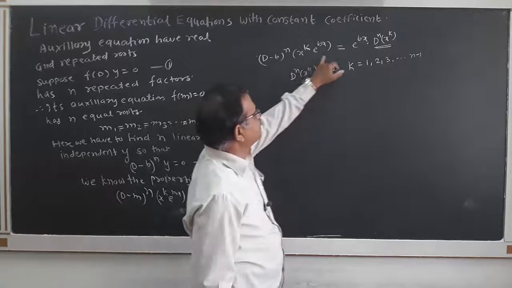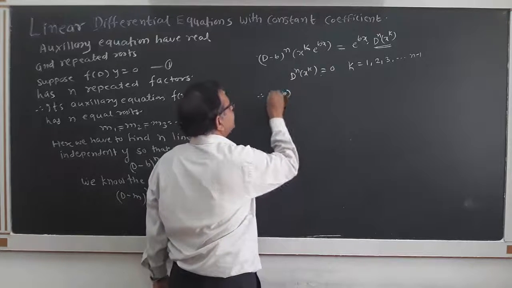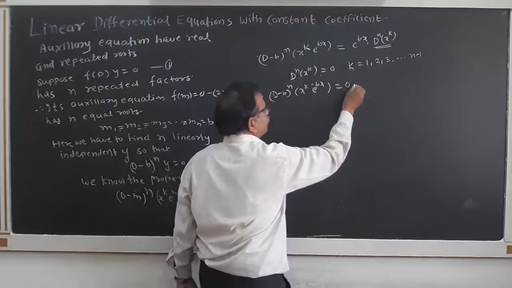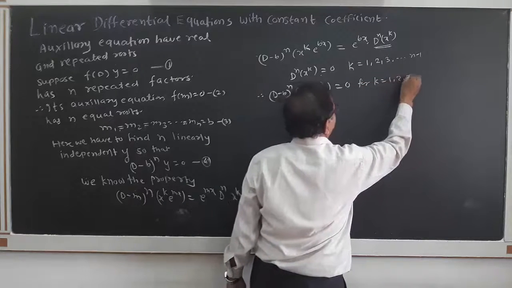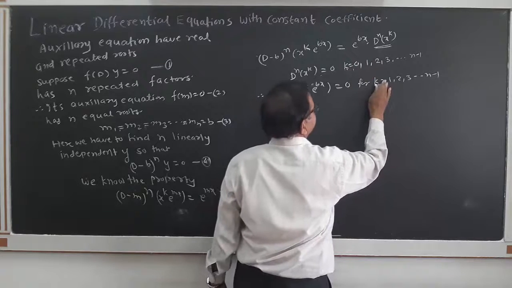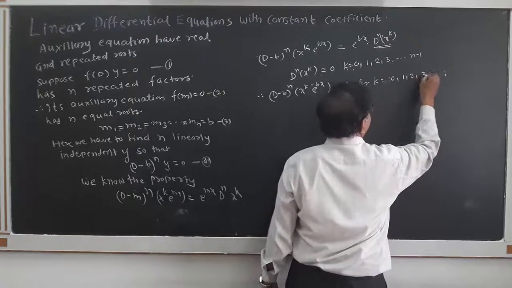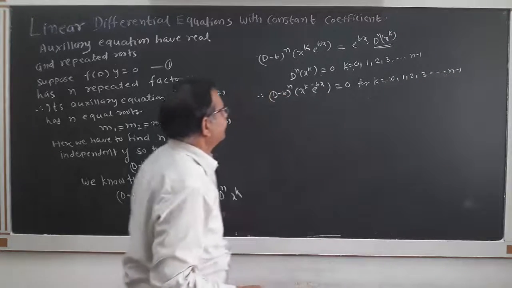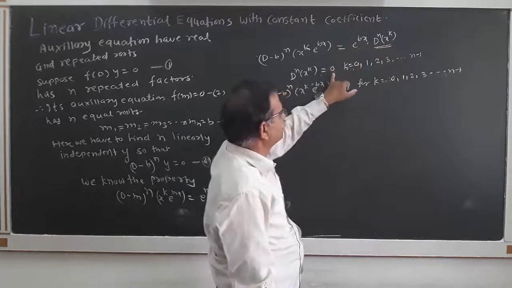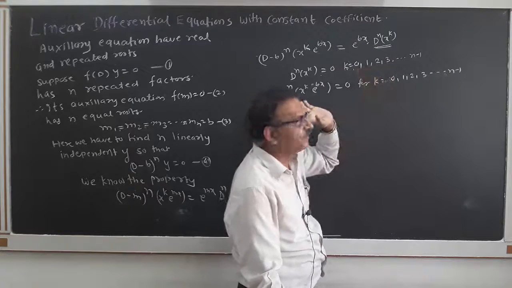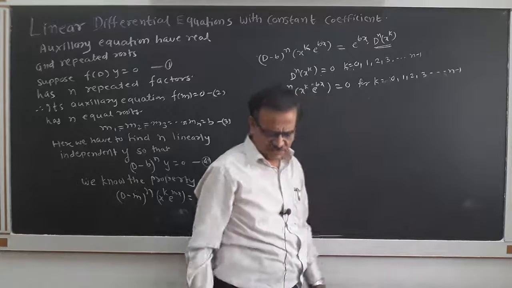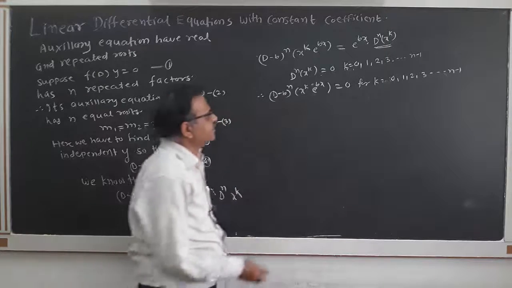Therefore, (D minus b) raised to n of x raised to k e raised to bx equal to 0 for k equal to 1, 2, 3 up to n minus 1, and k equal to 0 also. This is equation 5.